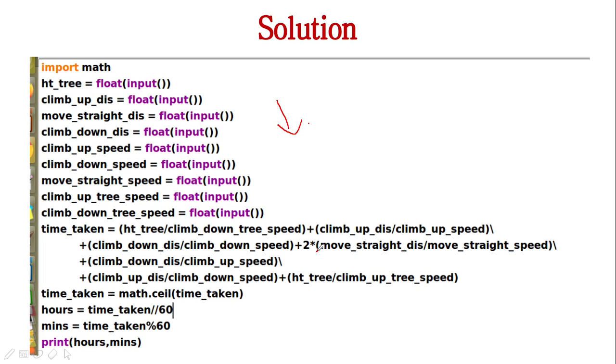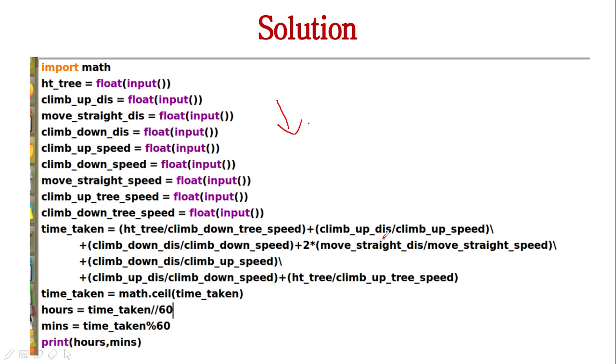When it moves straight, we multiply just by 2 because during the front journey as well as the back journey, when it picks the food as well as when it returns to the nest, both journeys take the same time. So 2 into that, we just divide, multiply and add.